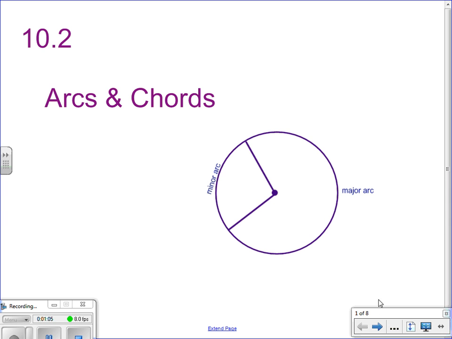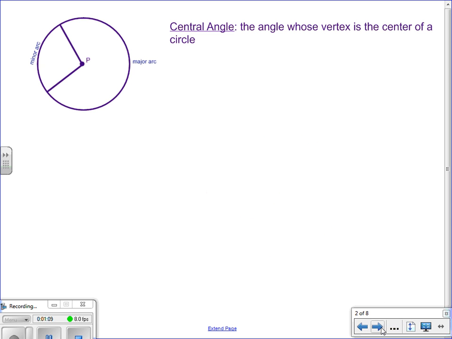All right, so 10.2, we talk about arcs and chords. First up, just a couple new definitions. The first one is what a central angle is. Now, when you hear central, hopefully you hear center. We know where the center of a circle is, and in this picture here, that's at point P. So the central angle is the angle whose vertex is the center of the circle.